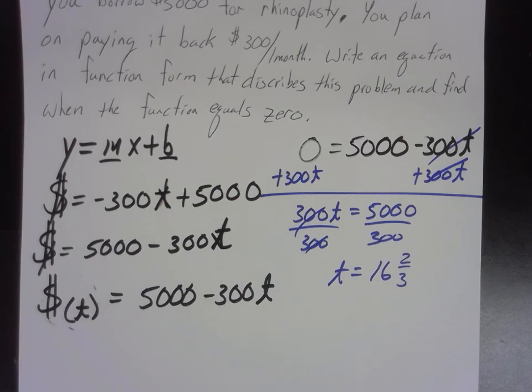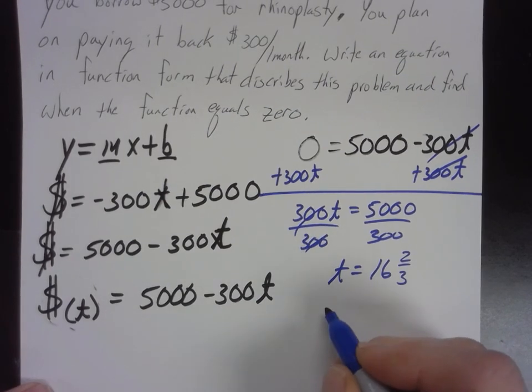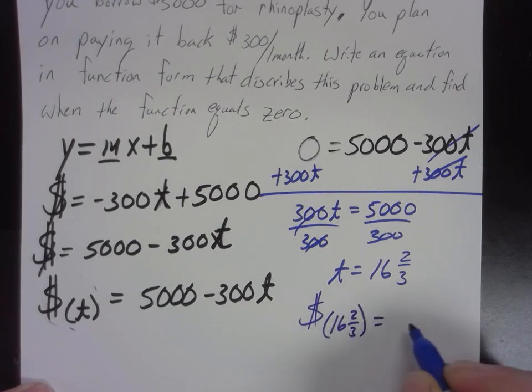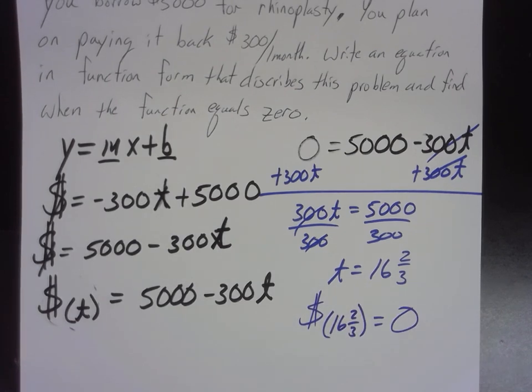so, let's see, money of 16 2/3 equals 0, doesn't it? Okay, so let's go to our graph.